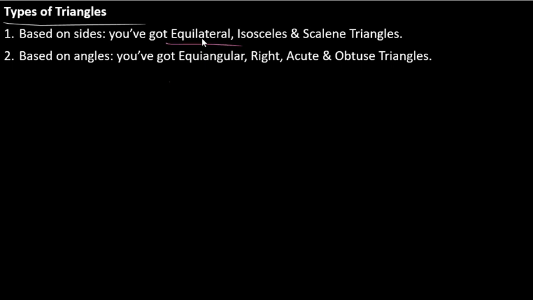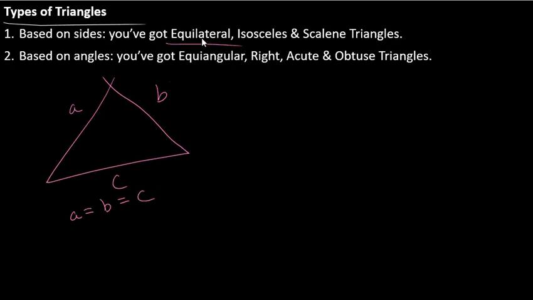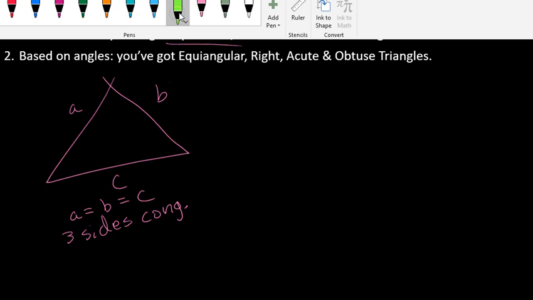Based on our sides, we have equilateral triangles. Okay, so that means if I've got an equilateral triangle, that means that all three sides are the same. They're the same length, right? So three sides congruent. Okay, that's how you know you have an equilateral triangle based on its sides.